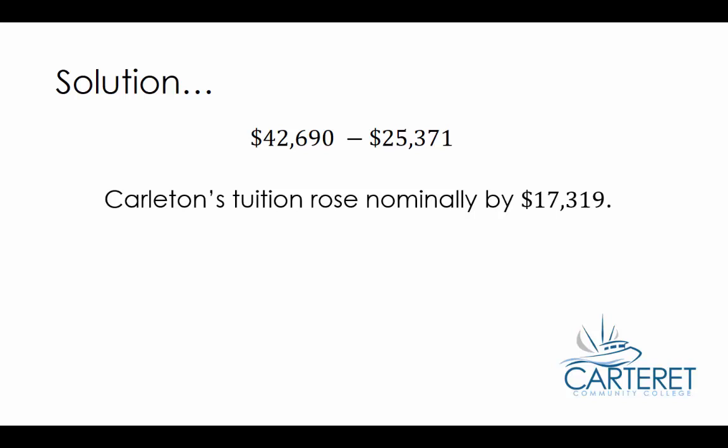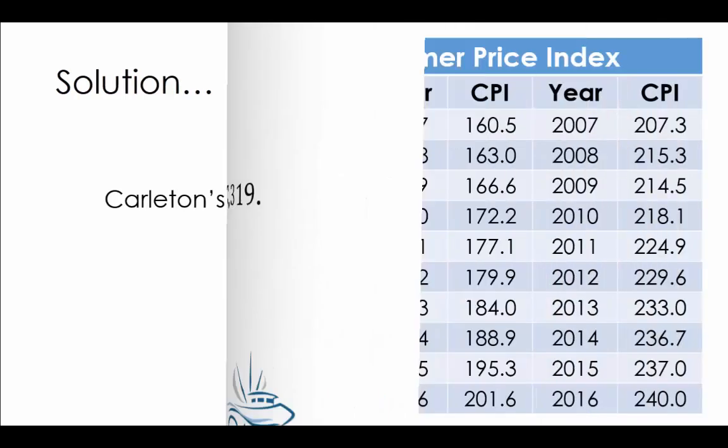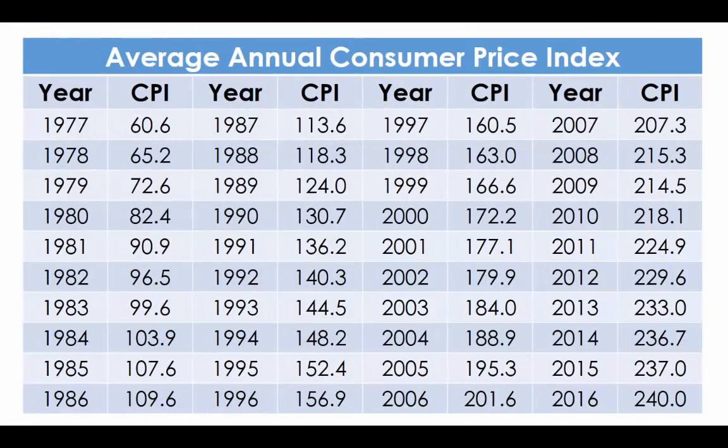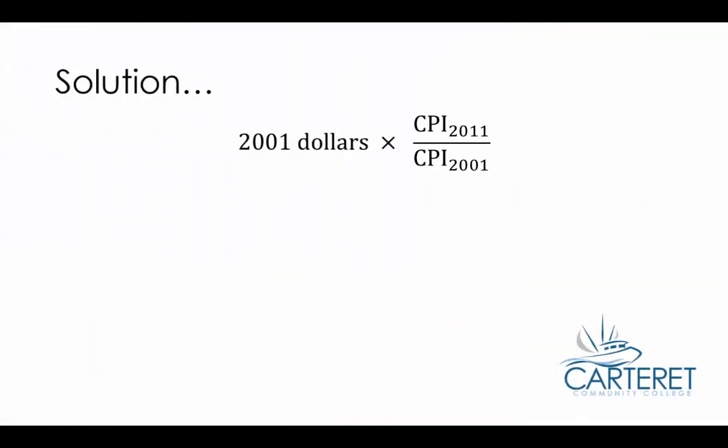To do this, we first need to figure out how much more or less expensive items are in 2011 as compared to 2001. Make sure that we can identify the Consumer Price Index number for the two given years. The ratio of the CPIs from one year to the next will tell us how much more or less expensive these items were in the new year.